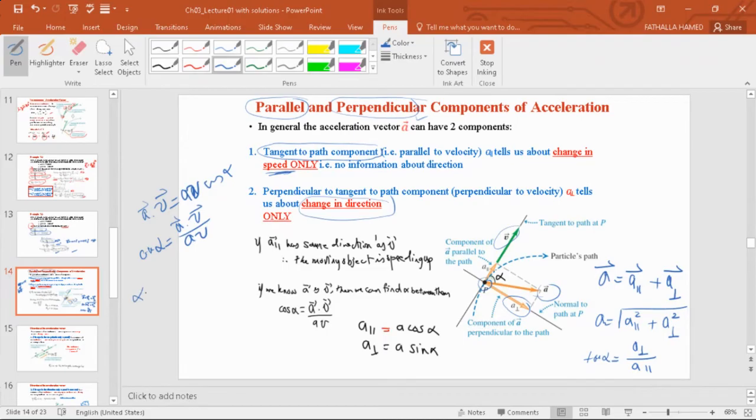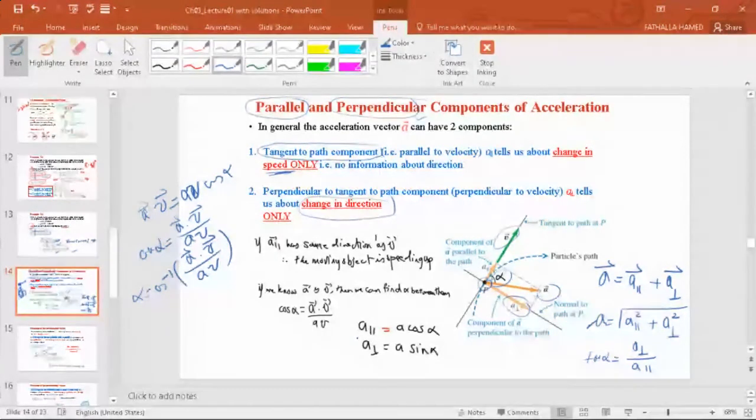And of course, alpha will be the cosine inverse of A dot V divided by AV. And if you know the magnitude of your acceleration and you know the angle alpha, you can figure out the A parallel, which will be A cosine alpha, and the A perpendicular will be A sine alpha.